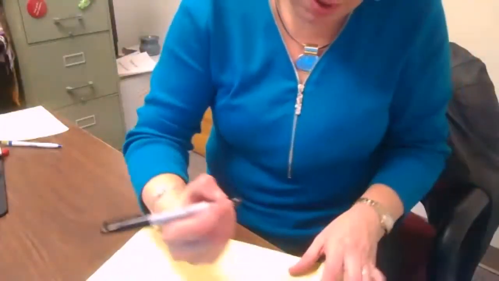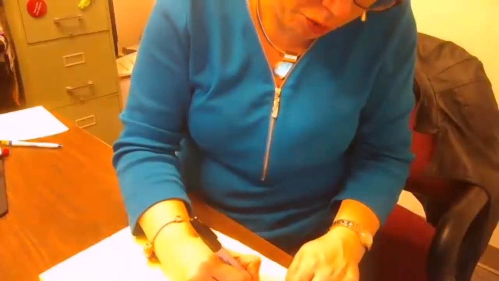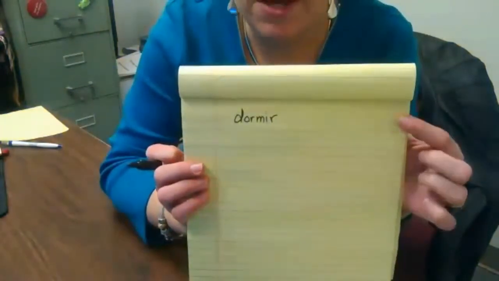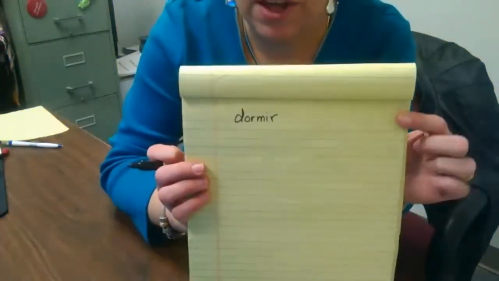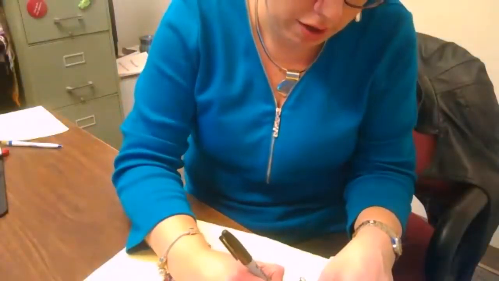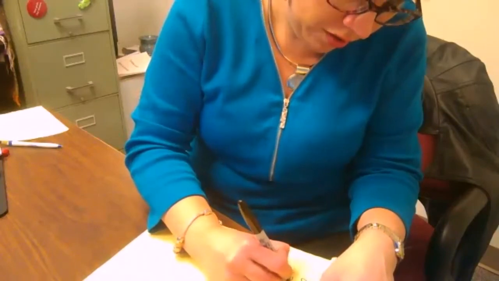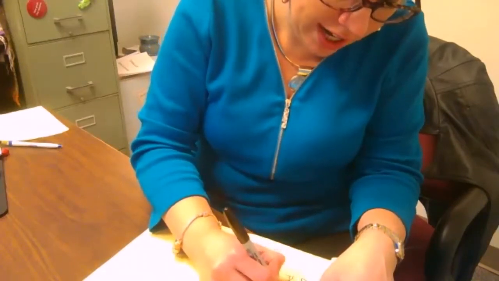All right, remember in present tense in Spanish 101, we looked at the verb dormir. Dormir was an example of an O to UE stem changer. Right? So that O would change to UE. We also learned the verb preferir in Spanish 101.